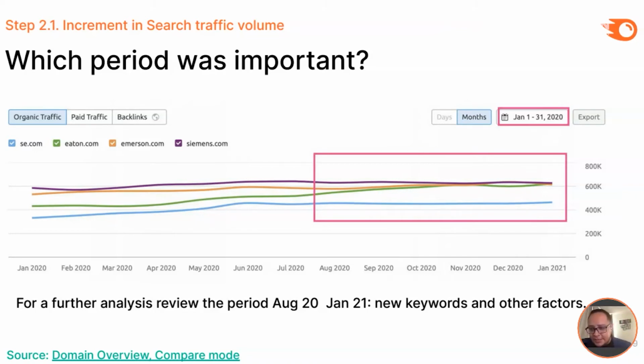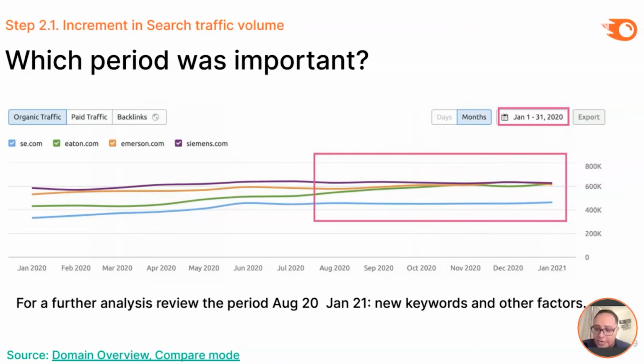You can see that in January 2021, all these companies were competing basically at the same level. One year ago, in January 2020, you see that, okay, we have a leader of the company. We have Siemens as a leader, then Emerson, then Eaton. At the beginning of this year, we see that Siemens, Emerson, Eaton, they are at the same level.